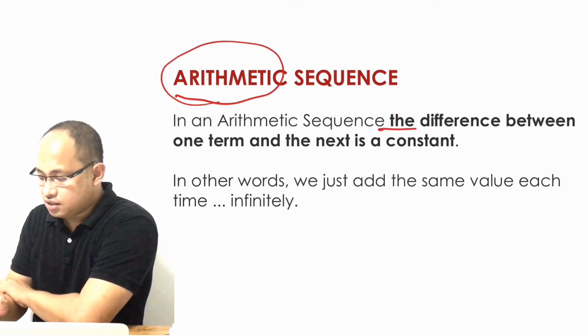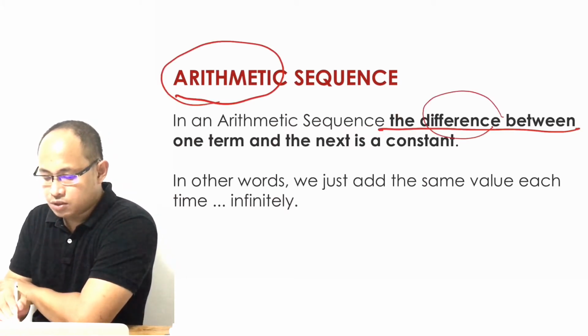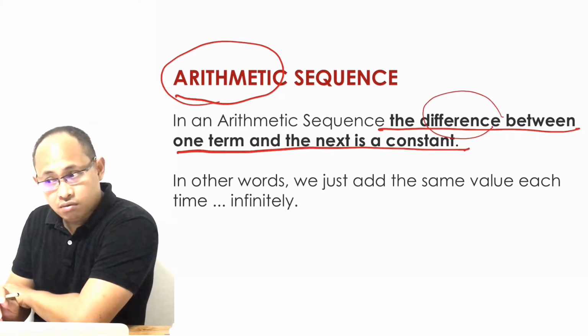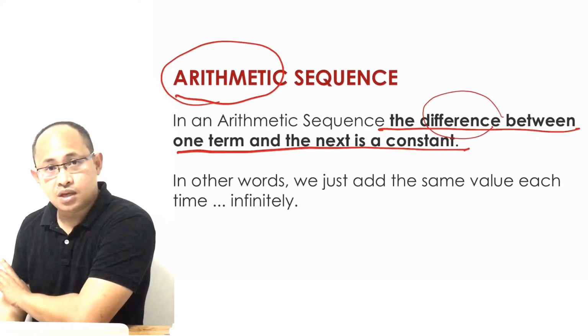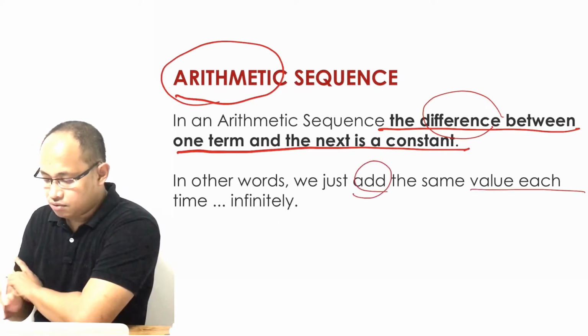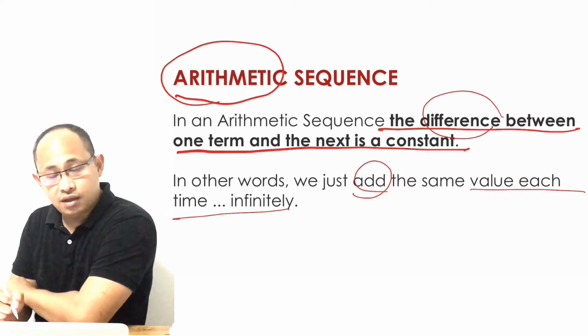An arithmetic sequence is one where, look at the word, the difference between one term and the next is constant. So whatever you subtract, it should be the same up to the end. In other words, we just add the same value each time as we go to infinity.